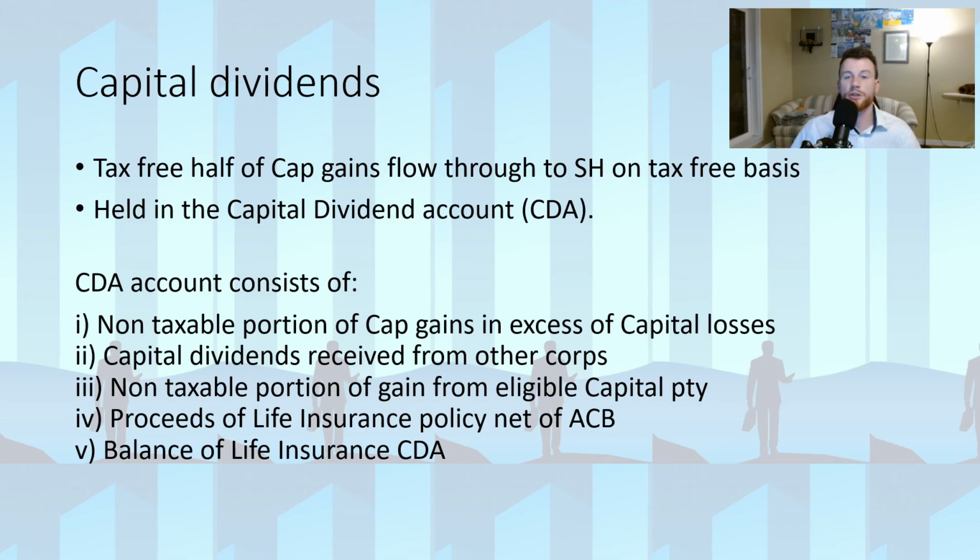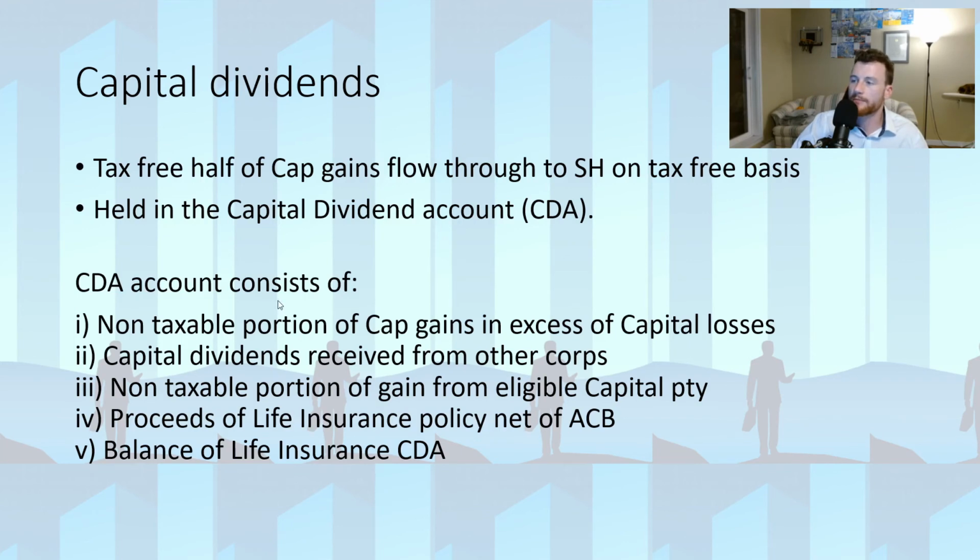If you have a life insurance policy that your corporation is the beneficiary of, the proceeds of the policy, net the adjusted cost base, or ACB, are included here, and the balance of the life insurance corporation's CDA, or capital dividend account, is included here.